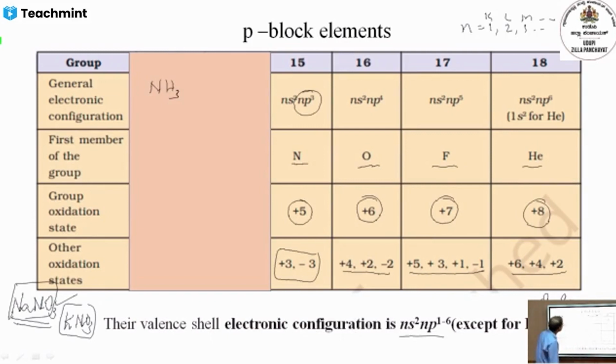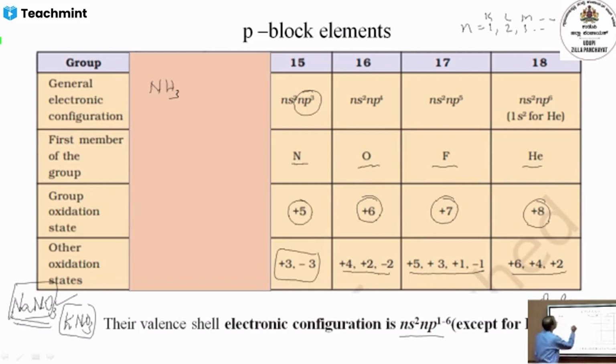So ammonia is an important industrial process. Ammonia, NH3, is produced by the Haber's process. We all know that, and you know the conditions to enhance the product of the reversible reaction, that is ammonia, probably in the chemical equilibrium chapter you have discussed that.